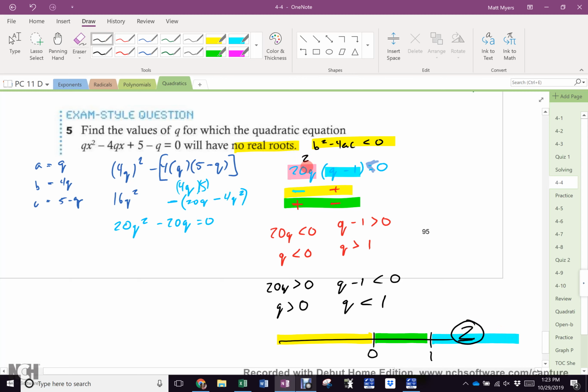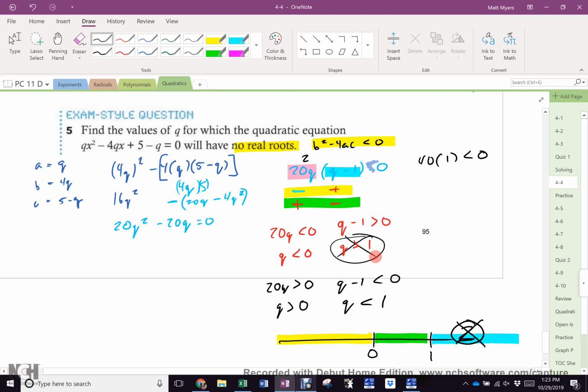What's 20 times 2? 40. And what's 2 minus 1? 1. What's 40 times 1? 40. Is 40 less than 0? No. So are any of these blue numbers okay? They're dead. So q greater than 1 right there is no good.